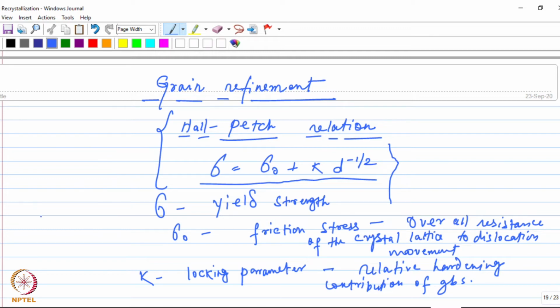And D, of course, is the grain size. So you can see from here, as the grain size is decreased, the strength increases.